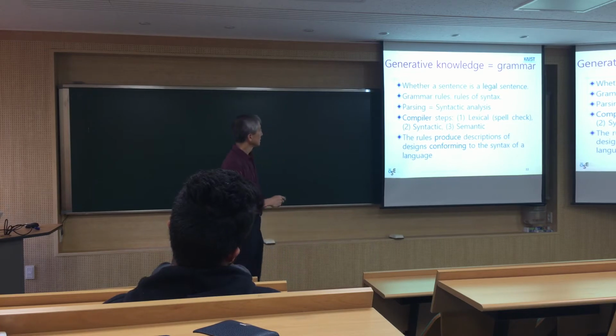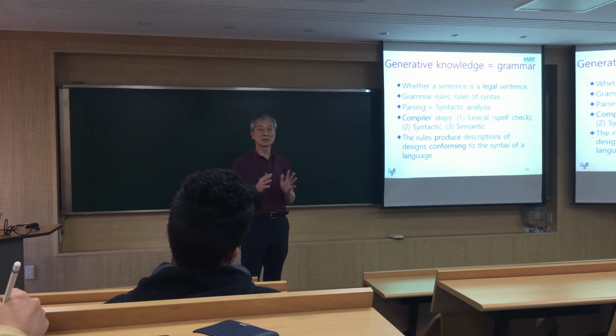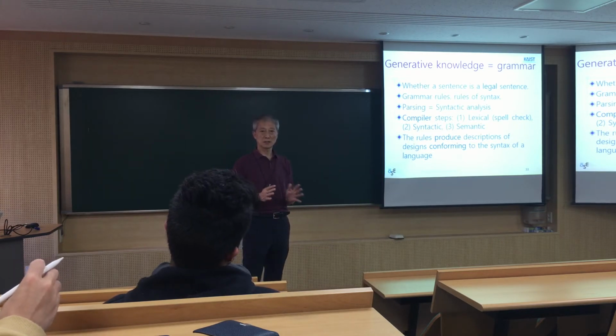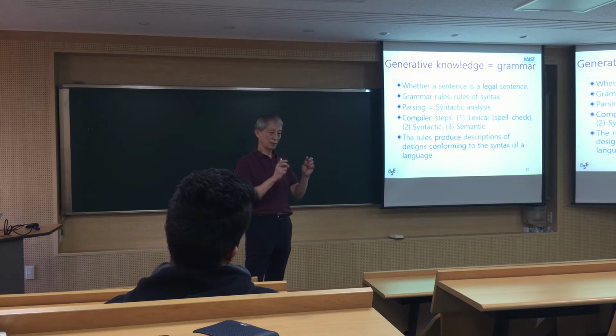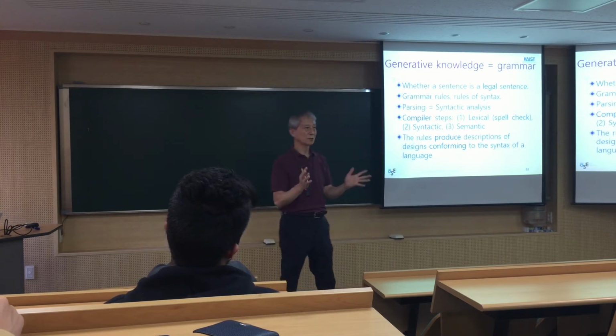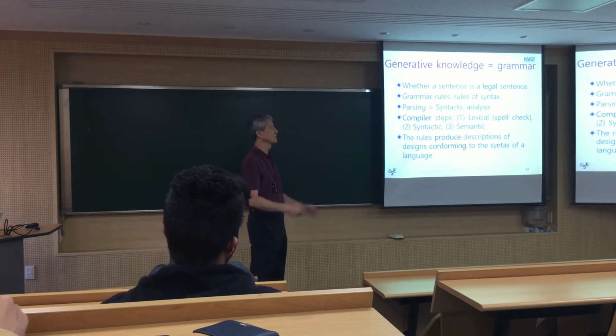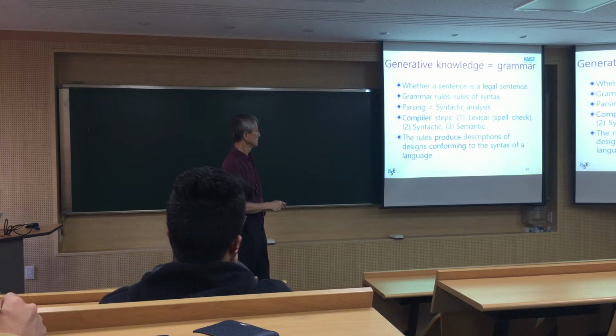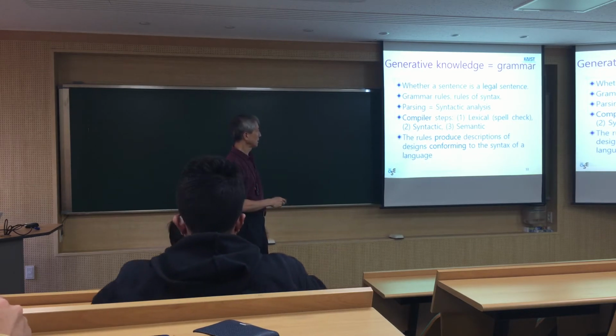We call parsing the first step. They do syntactic analysis, not semantic analysis: whether there is a comma, space, or bracket, a correct sequence. So parsing is the first step in a compiler.